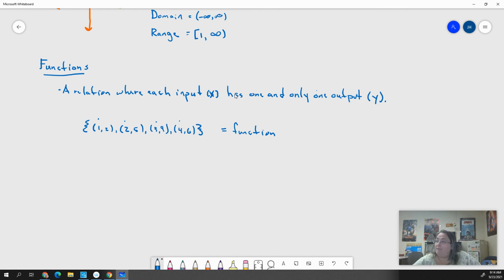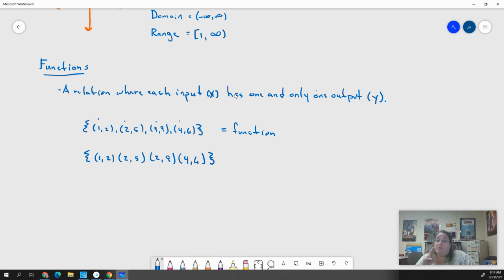So if I have 1, 2, 2, 5, 2, 9, 4, 6, this is no longer a function. The first thing I'm going to do is I'm going to look, are all my x values different? Here I have 1, I have 2, I have 2 again, right? That doesn't necessarily mean it's not a function if I have 2 represented twice.